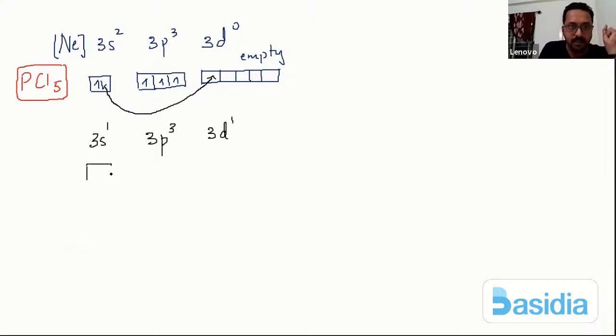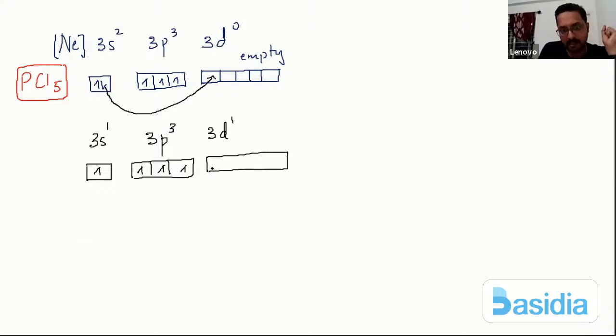That means here there is a single electron, here there are 3 electrons, and in d there is 1 single electron. Totally 5 half filled orbitals is what we come across.